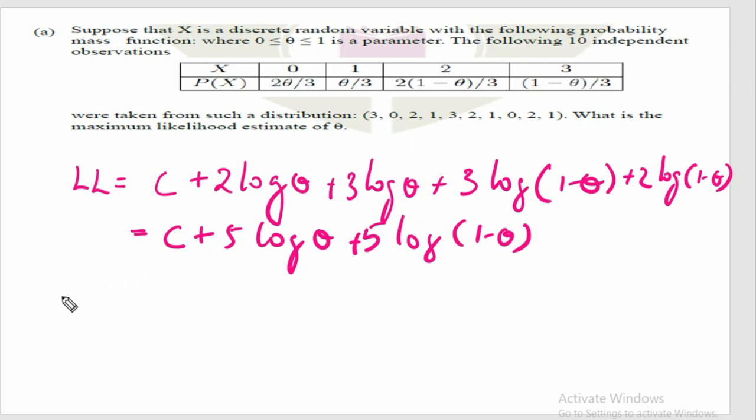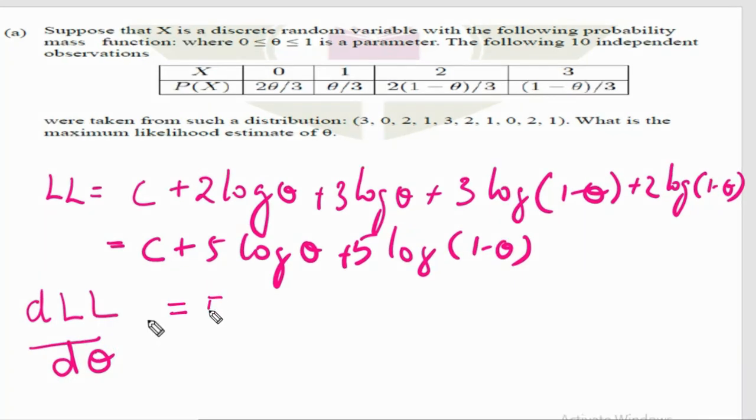In the next step we have to find out the derivative of this LL with respect to theta, and equate it to 0. So let us check out. After taking the derivative you will get 5 by theta minus 5 divided by 1 minus theta, which is equal to 0.